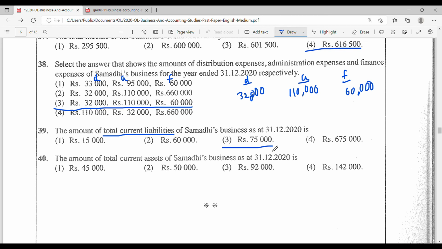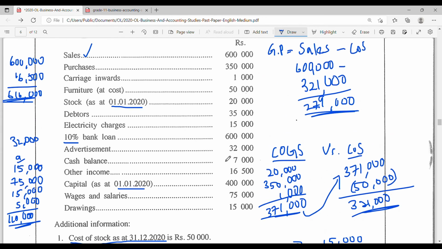The total amount of current assets of Samadhi's business as at 31st December 2020 is, now they want you to find the total current assets which will realize into cash in the next 12 months. So here again, will furniture fall under current assets? No, it's a fixed asset.